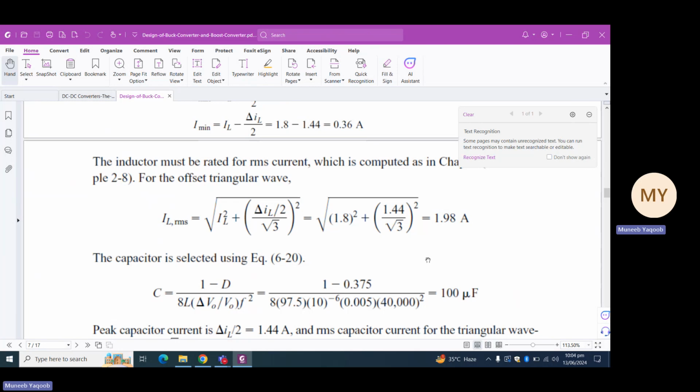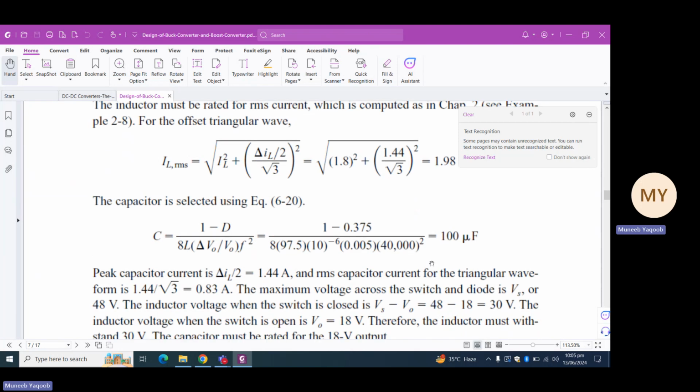So using those equations, we calculated the RMS values of the load current, and finally the capacitance that will allow us the percentage ripple as 0.005, because if percentage is 0.5%, then 0.5 divided by 100 is 0.005. So using the expression that we derived in the design of a buck converter, we calculated that the capacitor value is 100 microfarad.